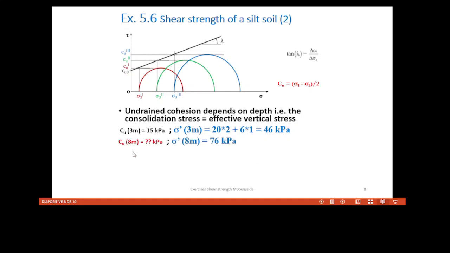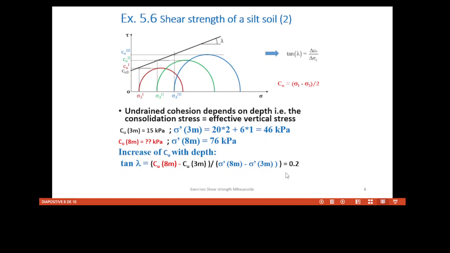If I need to calculate the undrained cohesion at 8 meter, and knowing that the effective stress at 8 meter is 76 kPa, using this equation of the increase of Cu with depth, we can write that tangent lambda is the difference of the undrained cohesion at 8 meter minus the one at 3 meter, delta Cu, that is Cu at 8 meter minus the one at 3 meter, and we divide it by the difference of the consolidation stress between the one at 8 meter and the one at 3 meter.